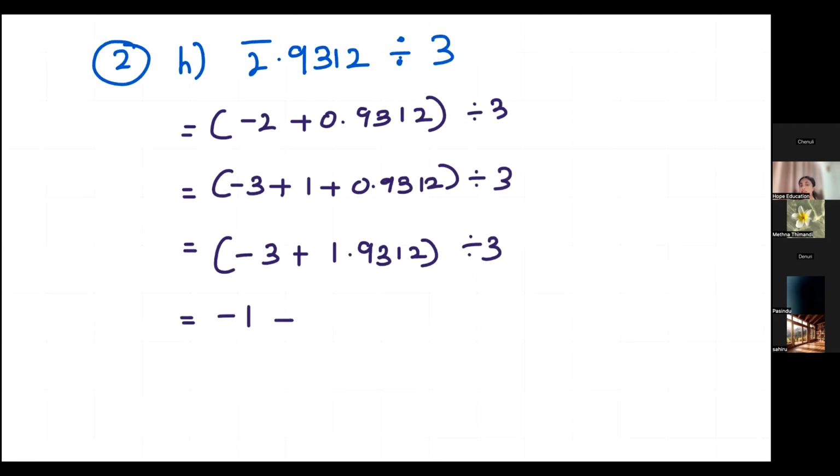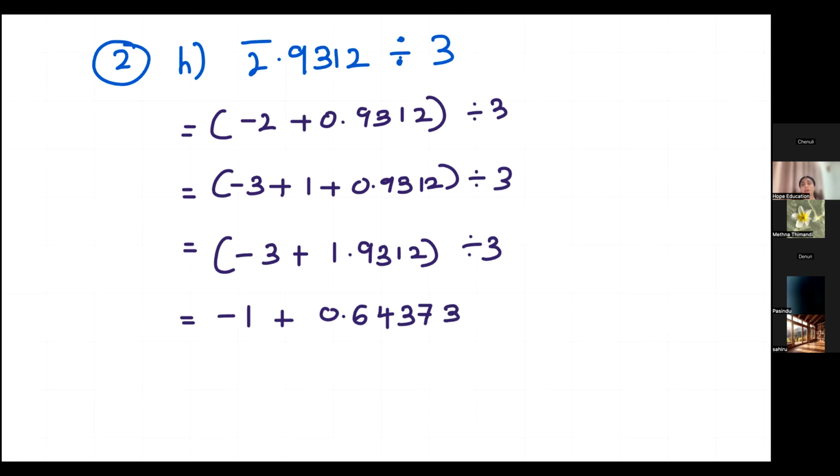Plus, you just have to divide. 3 times 3 is 9, 19, 1 remaining. 13, 3 times 4 is 12, 1 remaining. 11, 3 times 3 is 9, 2 remaining. 22, 3 times 7 is 21, 1 remaining. 10, 3 times 3 is 9.